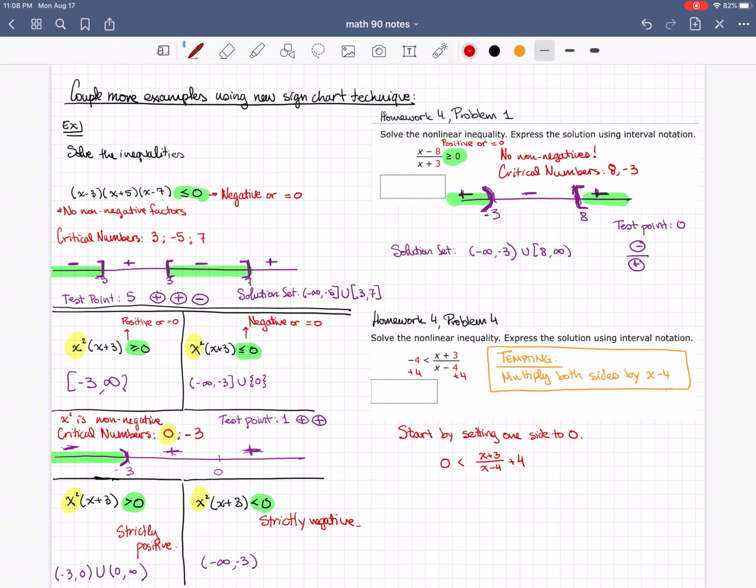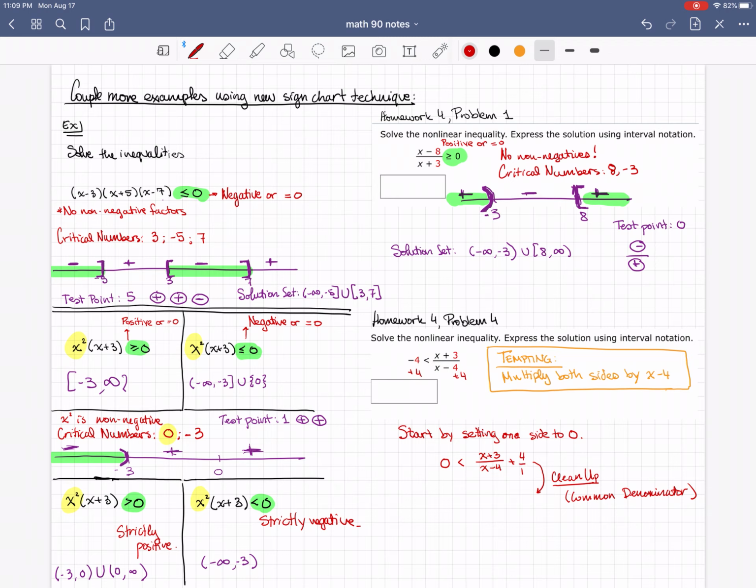From here, we're going to do a cleanup step. And by cleanup, what I mean is put everything over a common denominator. Okay, so I'm going to write that in parentheses here. You're going to put everything over a common denominator. And for that, many of you will find it useful to think of this 4 as 4 divided by 1.